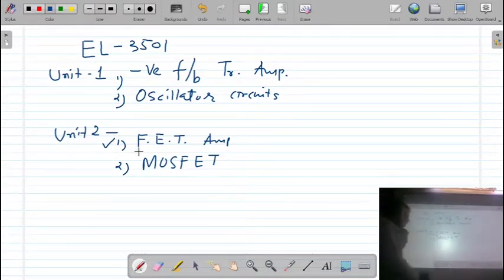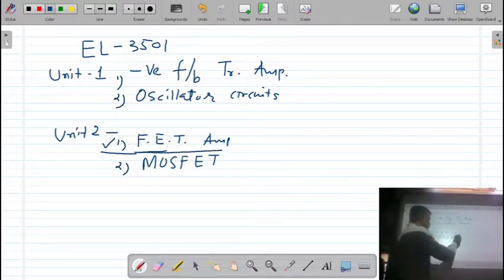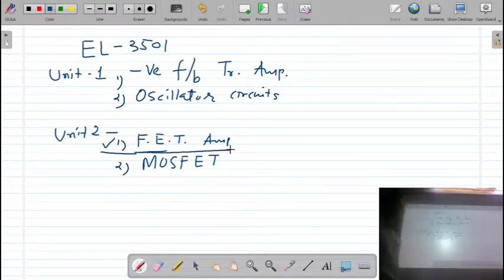In this chapter, first we have to discuss the difference between the field effect transistor amplifier and the bipolar junction transistor. Before discussing such a topic, you must be aware what the field effect transistor amplifier is, what its cross section is.